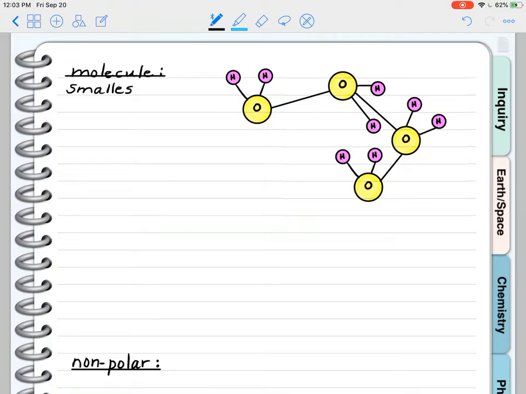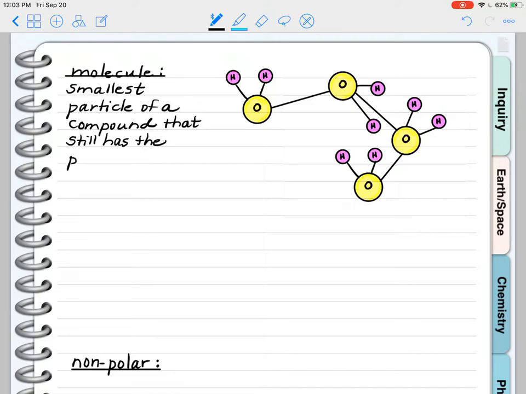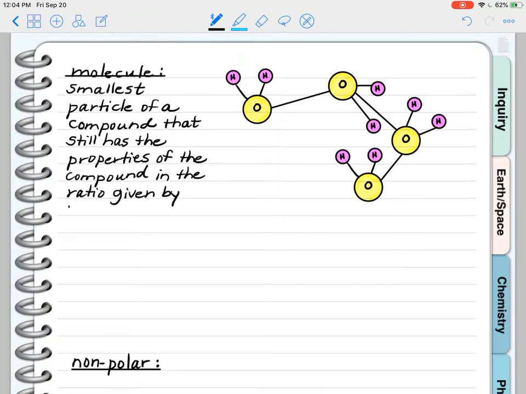It is the smallest particle of a compound that still has the properties of the compound, in the ratio given by the chemical formula.